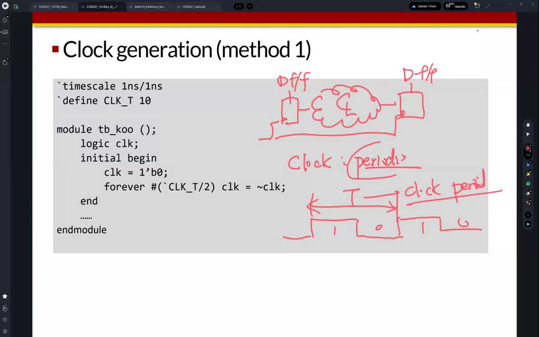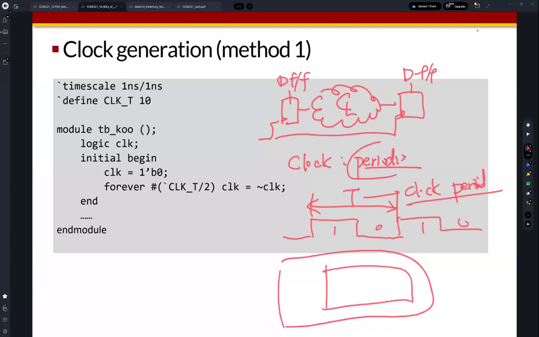So within a clock period, there you can find the signal 1 and 0, and then these signals 1 and 0 will be repeated again and again. Okay, so this is the definition of the clock signal. So in the test bench, this is the structure of the test bench file. This is the TB, and then inside of the test bench module, you can find the design of the test.